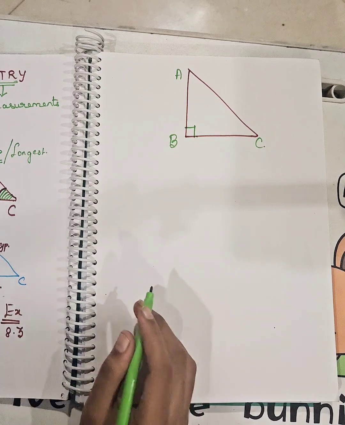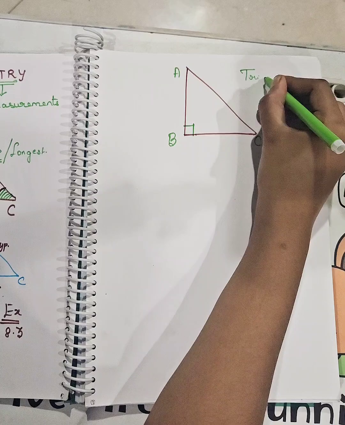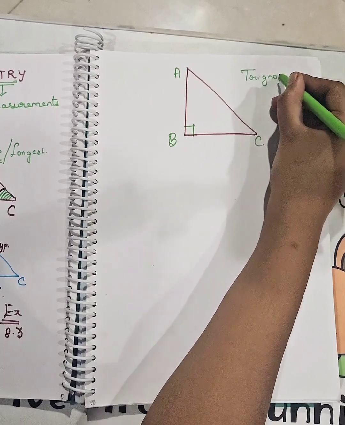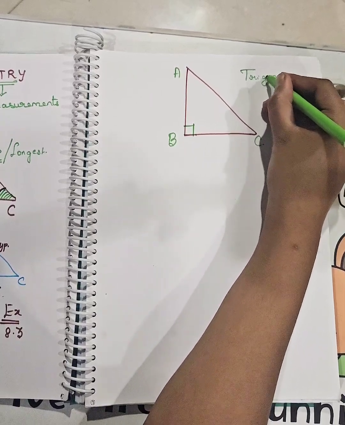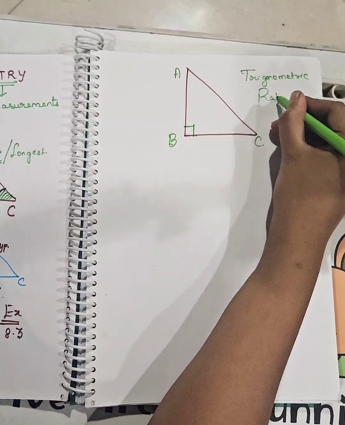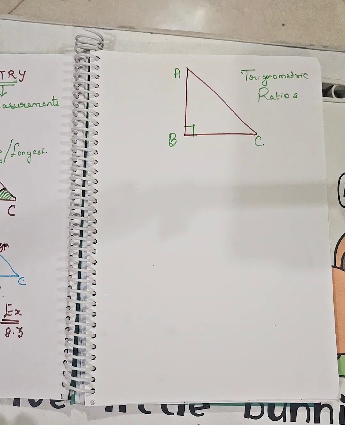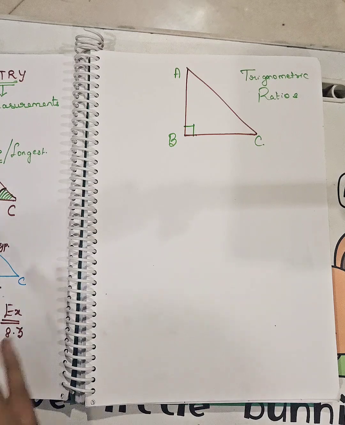So next, let's start with the trigonometric ratios. These ratios depend upon the sides of the right angle triangle, and we have 6 very basic and important ratios which are defined with this right angle.